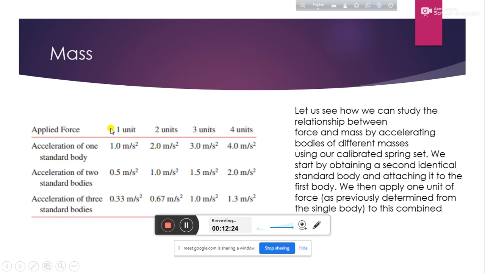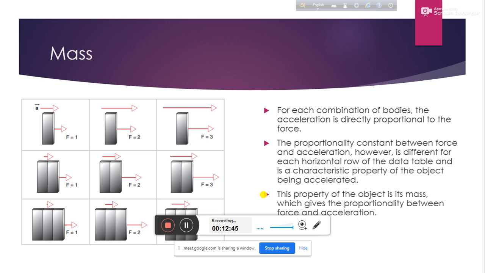So the force is not changed. If you only change the quantity of the body, then there is a change of acceleration. So the same force cannot create the same amount of acceleration. Something within the body differentiates them in terms of acceleration.